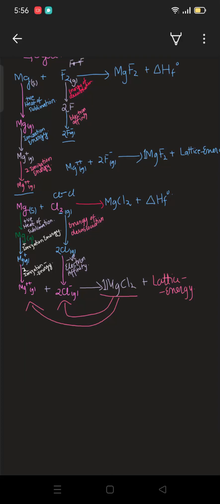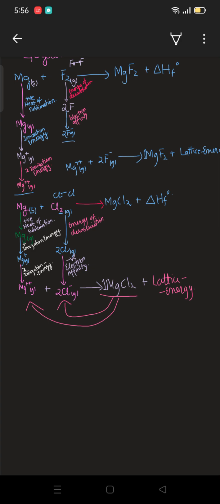Okay, so as in the last video, we have discussed example number 3 of the Born-Haber process, right? We have discussed it in great detail and we have very good knowledge about the Born-Haber cycle.